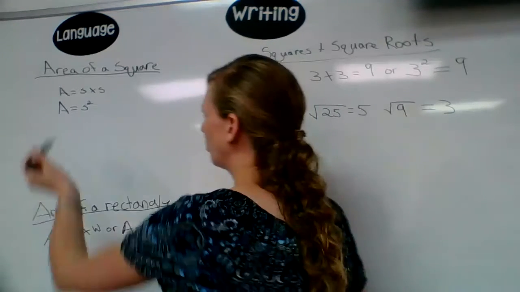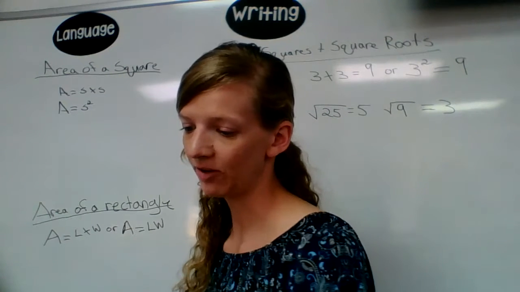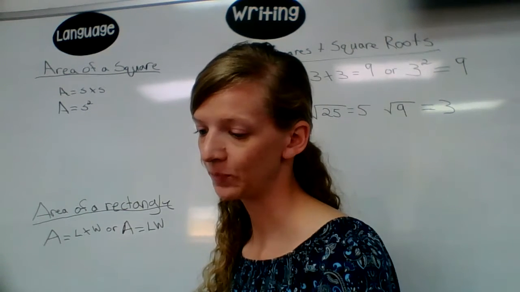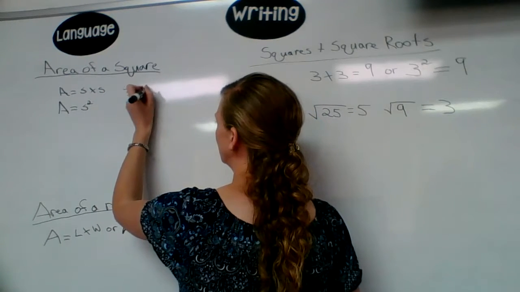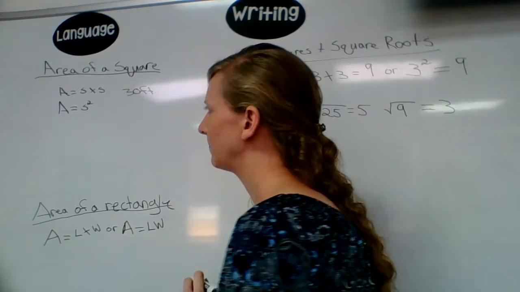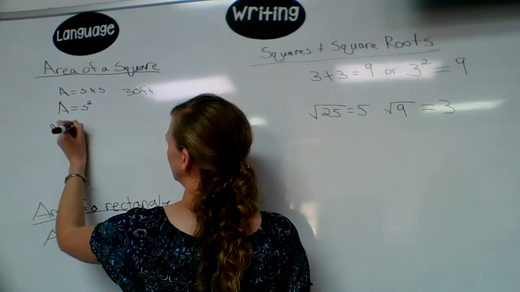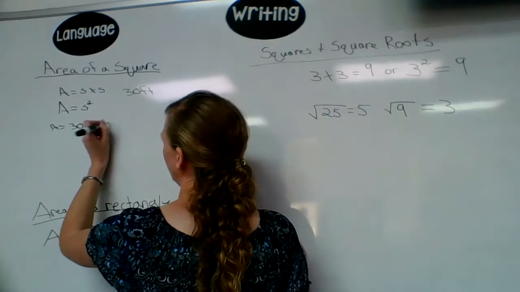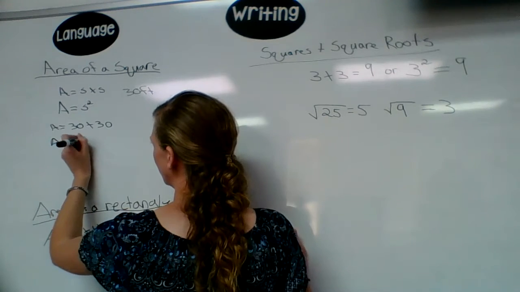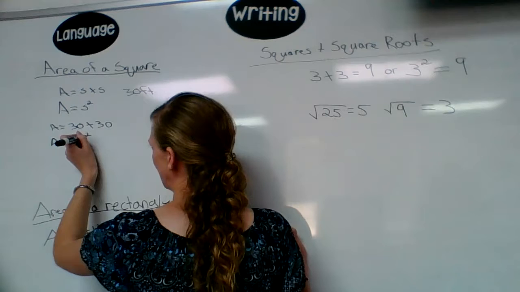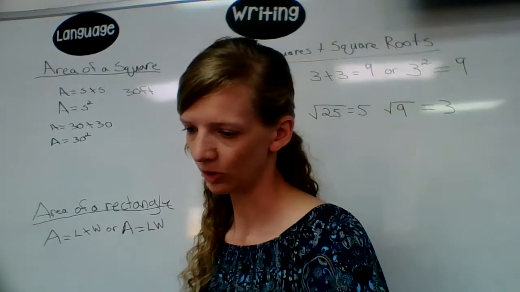So we have our formula, A equals S times S. I want to find out how many feet of grass he needs to plant. We know that our side is 30 feet. So using this formula, I can do A equals 30 times 30, or A equals 30 squared. That means the same thing. 30 squared would equal 30 times 30.